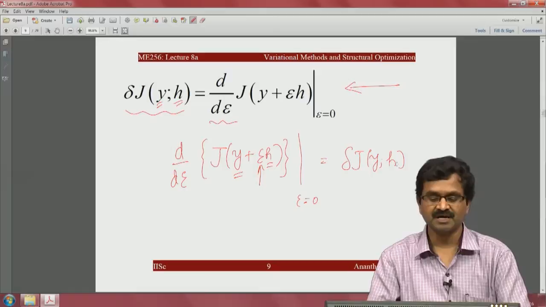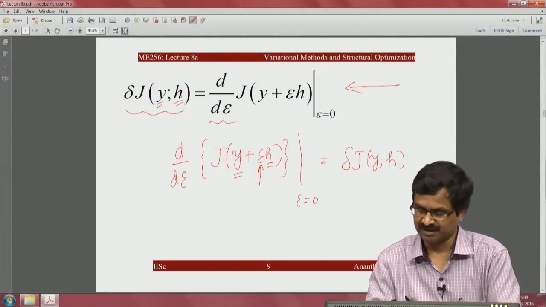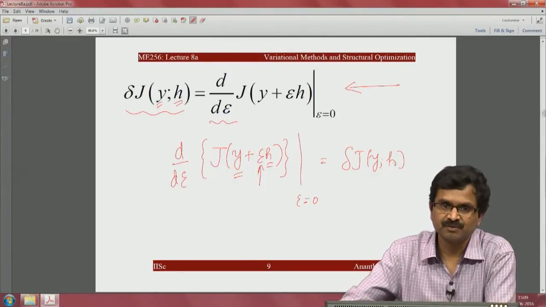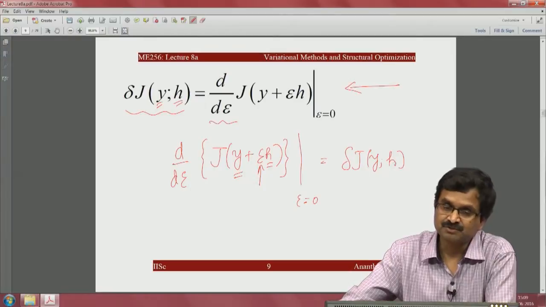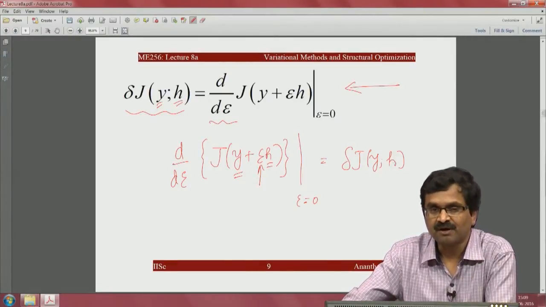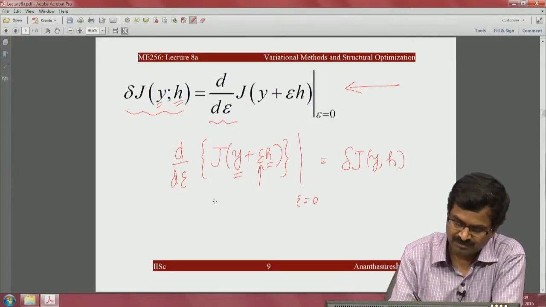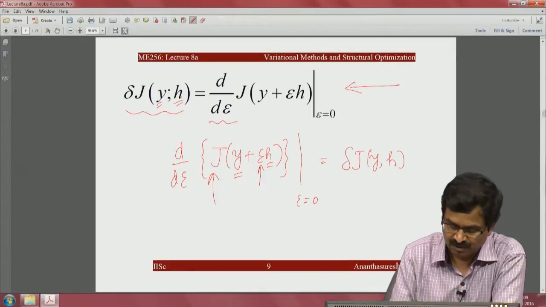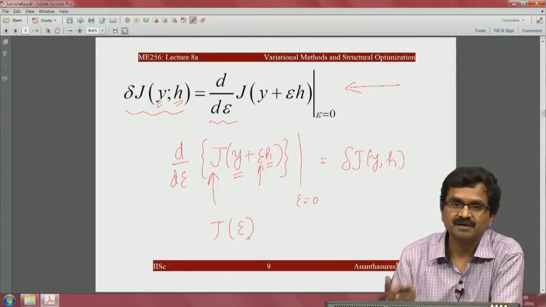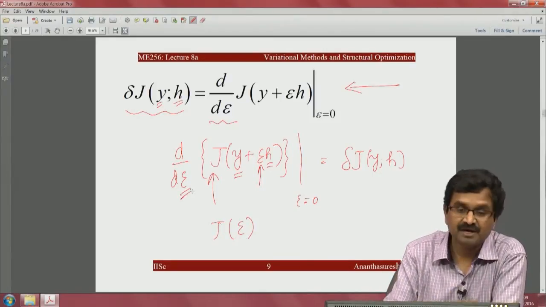This is much easier. This is equivalent to whatever derivative limit that we have defined. Okay. This is operationally useful definition of Gâteaux variation. So, because it is useful or convenient, because it has been brought into the ordinary calculus. Okay. So, you do not have to worry about what the form of this j is, you just look at that j as a function of epsilon, because y and h are given to you, you do not need to worry about them, because you are taking derivative only with respect to epsilon.